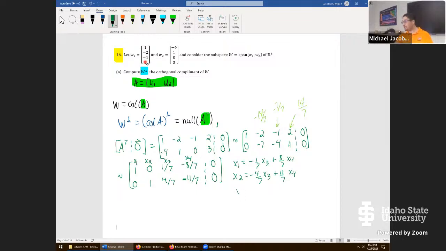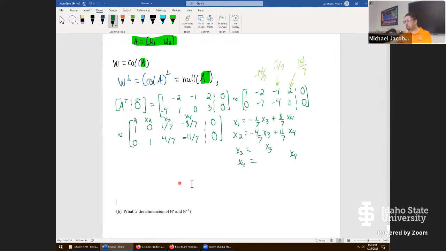And finally, 3 variables thereafter. x3 equals x3, and x4 equals x4. From here, we pretty much have the orthogonal complement.